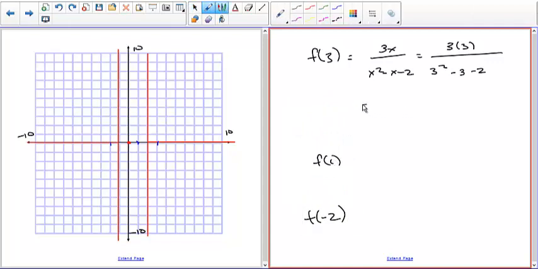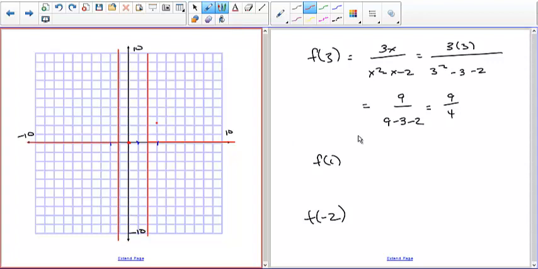So that's 9 over 9 minus 3 minus 2, which is 9 over 4. So 9 minus 5 is 4. So we can plot that point. So we go 9/4. 8/4 is 2, so it's going to be right there.